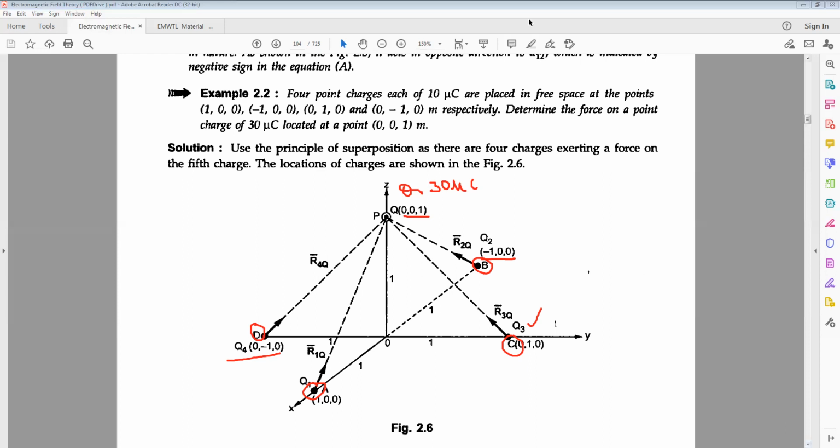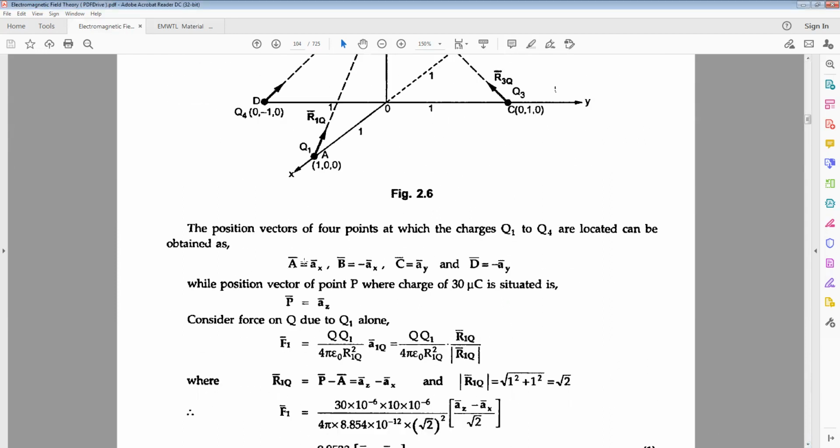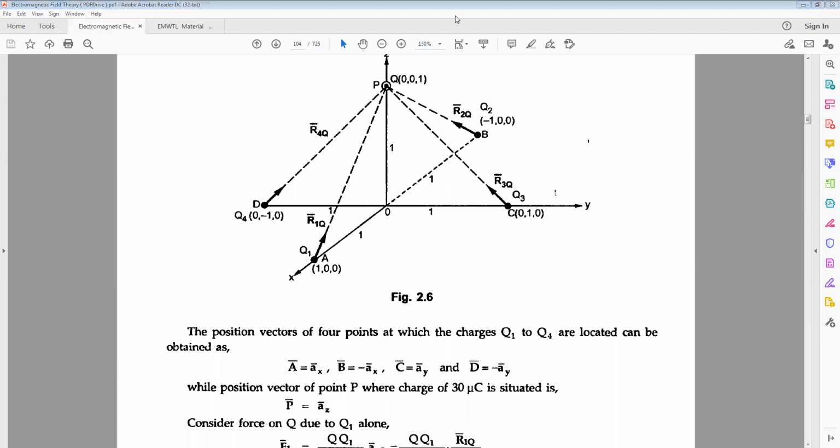Then you can find the A bar, the position vectors of the four points at which the charges Q1 to Q4 are located. A bar has only one term, that is AX, because we are considering a Cartesian coordinate system with X, Y, and Z. Y and Z are zeros here.